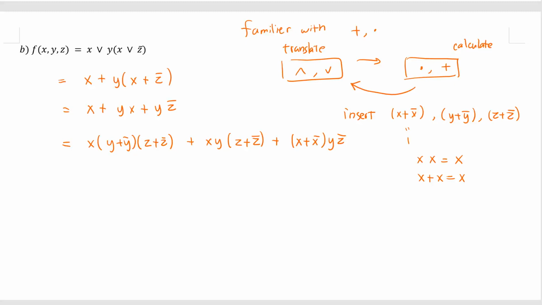Alright, now let's distribute everything. That's why it's easier to change it to plus and multiplication, because we're more familiar with that. Now, hide the y bar with your finger and use the y to distribute. We have yz plus yz bar, and then y bar z plus y bar z bar.